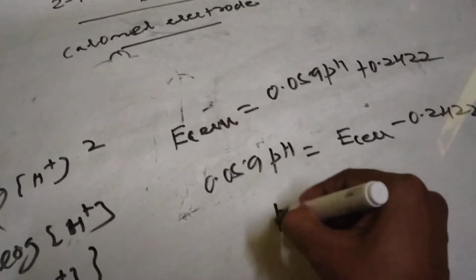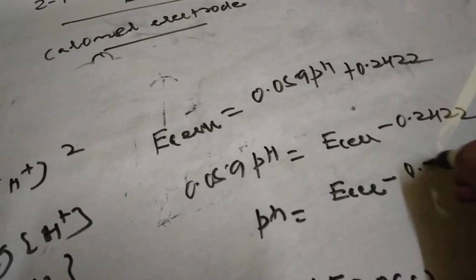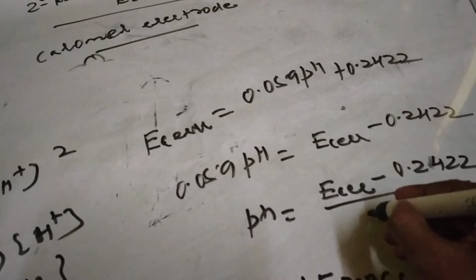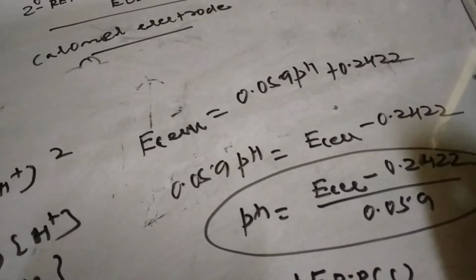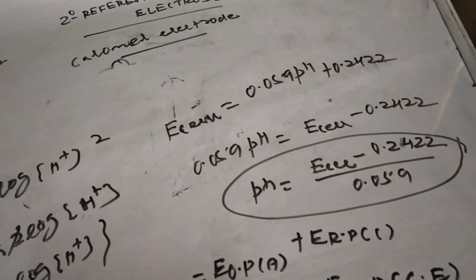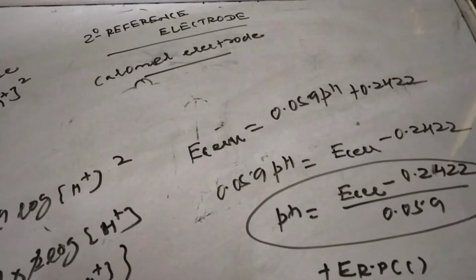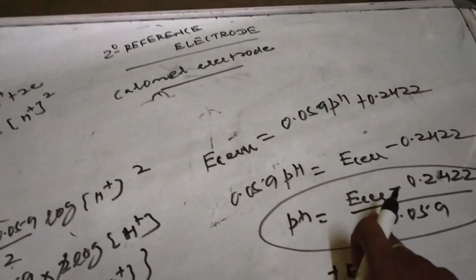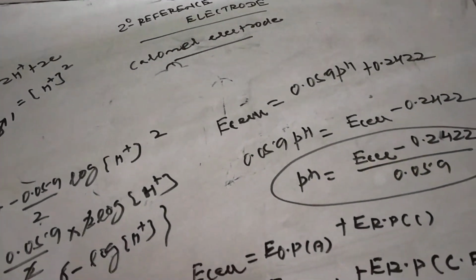So what is pH? pH is E cell minus 0.2422 by 0.059. So this is the formula we can use to calculate the pH when you are using the saturated calomel electrode as cathode. And here the E cell value can be read from the voltmeter. So this is about today's class.